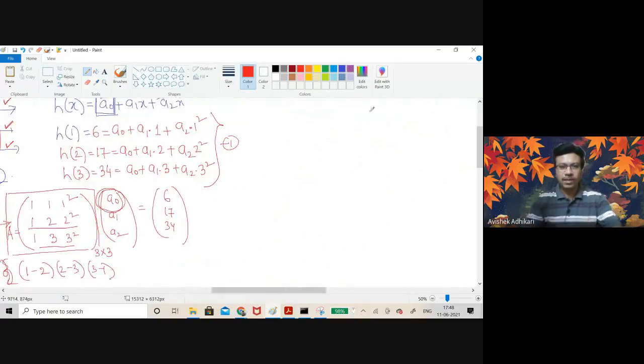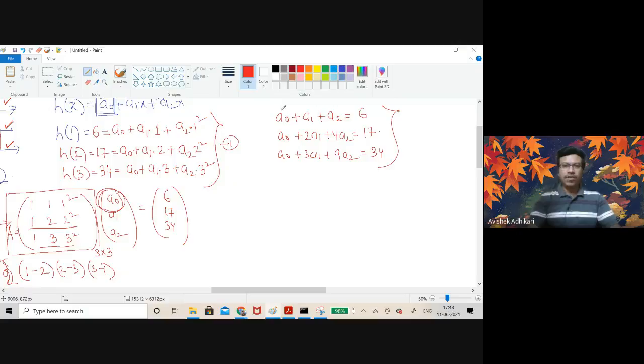Now, if you solve it, for example by simple Gaussian elimination or by whatever means, suppose this is a0 plus a1 plus a2 equal to 6, then a0 plus 2 a1 plus 4 a2 equal to 17, then a0 plus 3 a1 plus 9 a2 equal to 34. If you try to find the value of a0, can you please quickly solve it by any method?